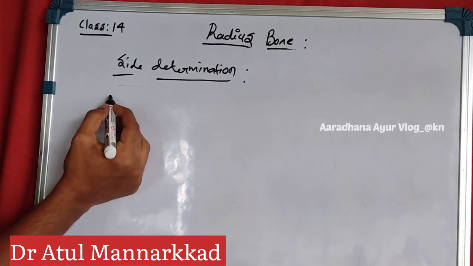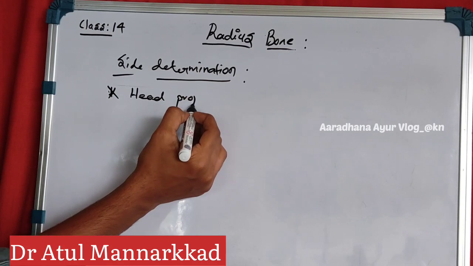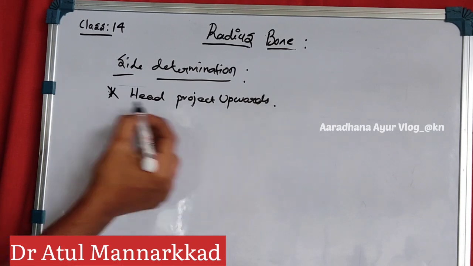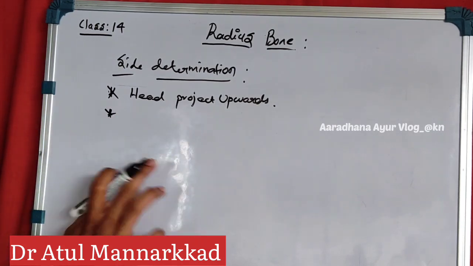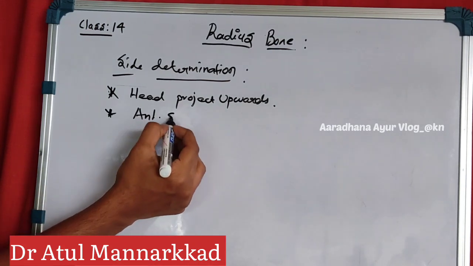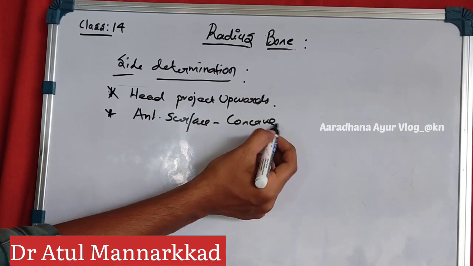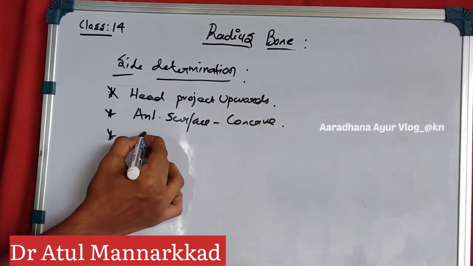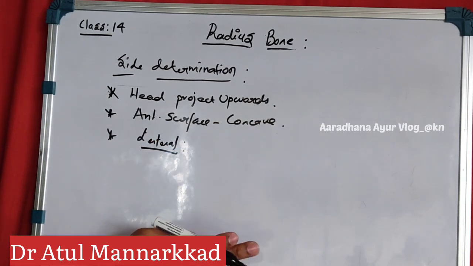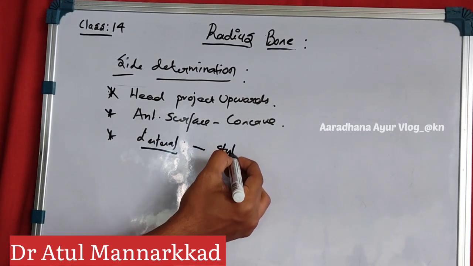Side determination. First of all, the head is projecting upwards. It is concave and also disc shaped or circular. The anterior surface is concave, as we had discussed. And the styloid process, as I had told, is on the lateral surface of the lower end.